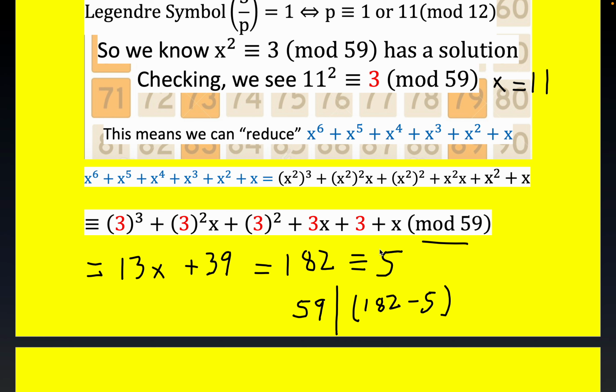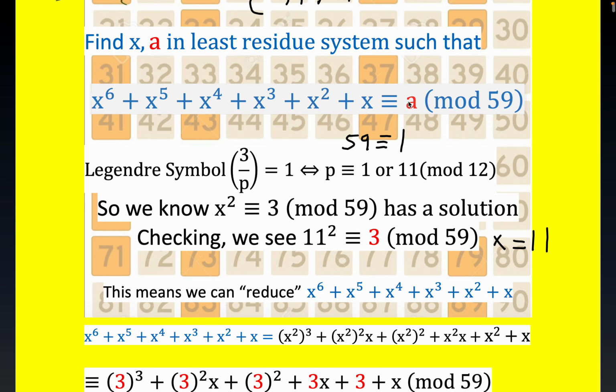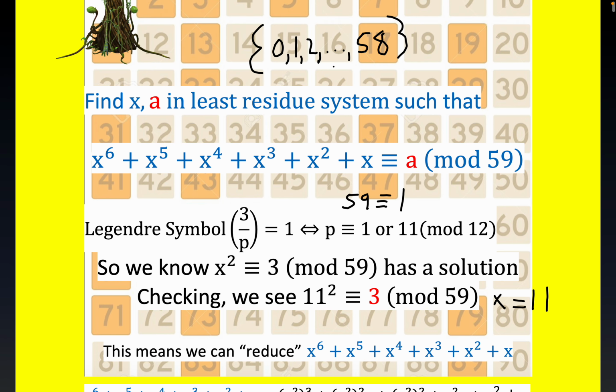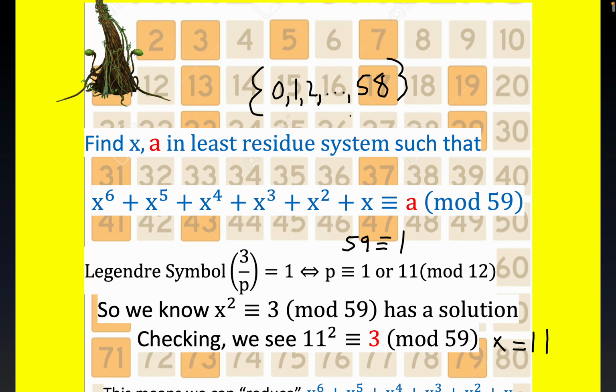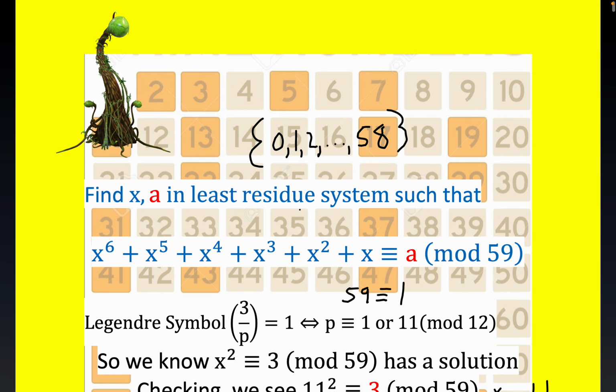So that would be our A as far as the question. The question was to find an A and find an X. Well, we've just found that X, let me put it up here a little bit above it all so you can see, from our work below, X equals 11.